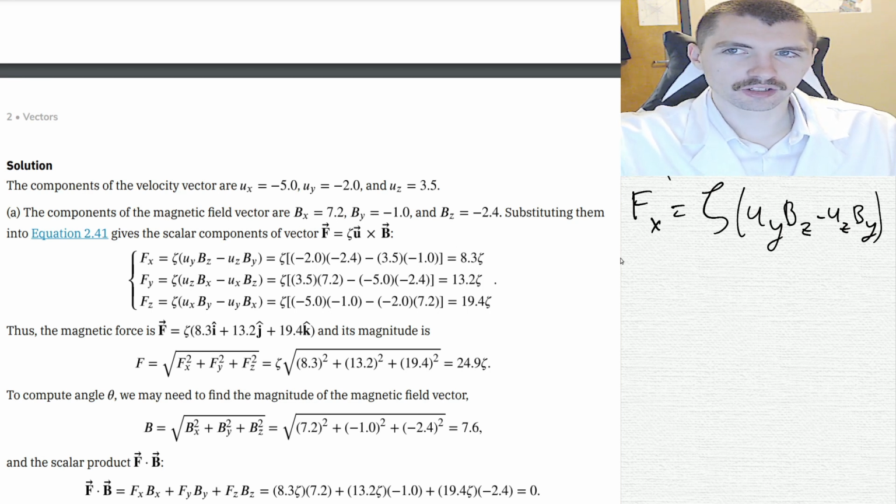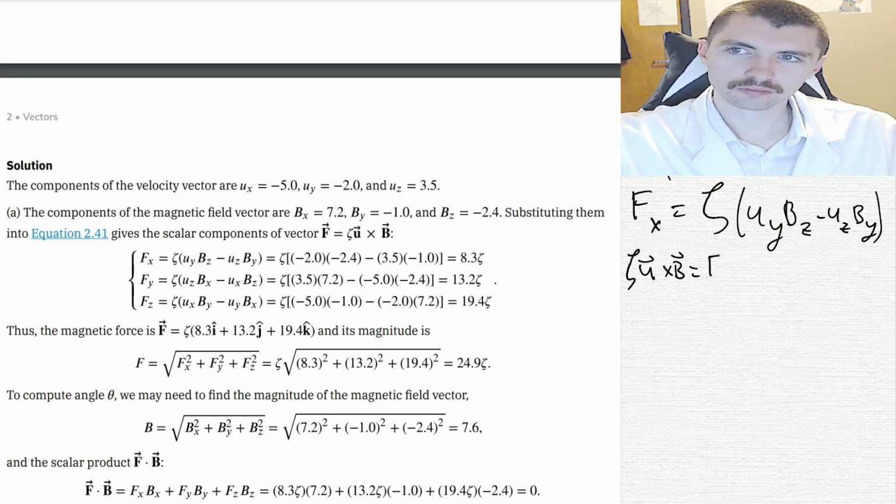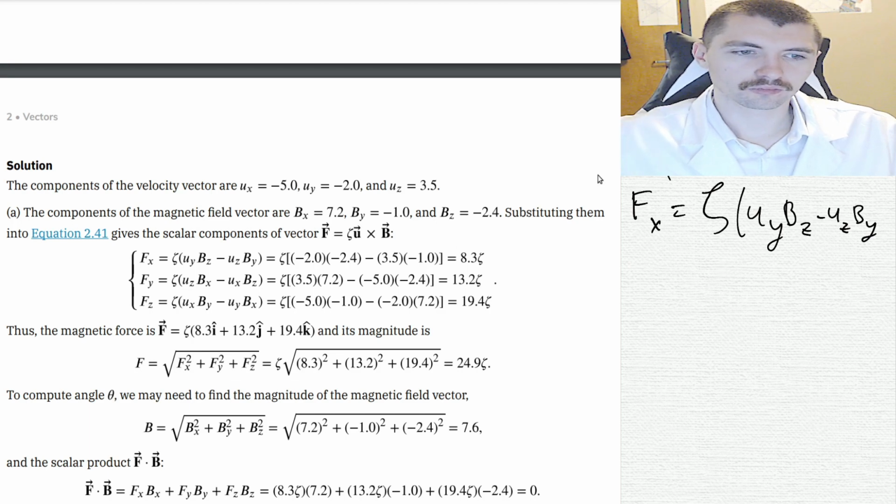So I think it's saying U cross B is, okay.